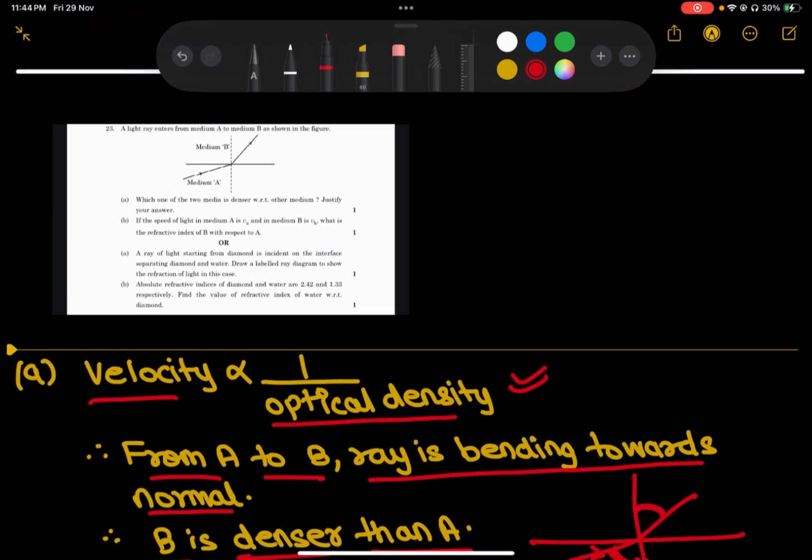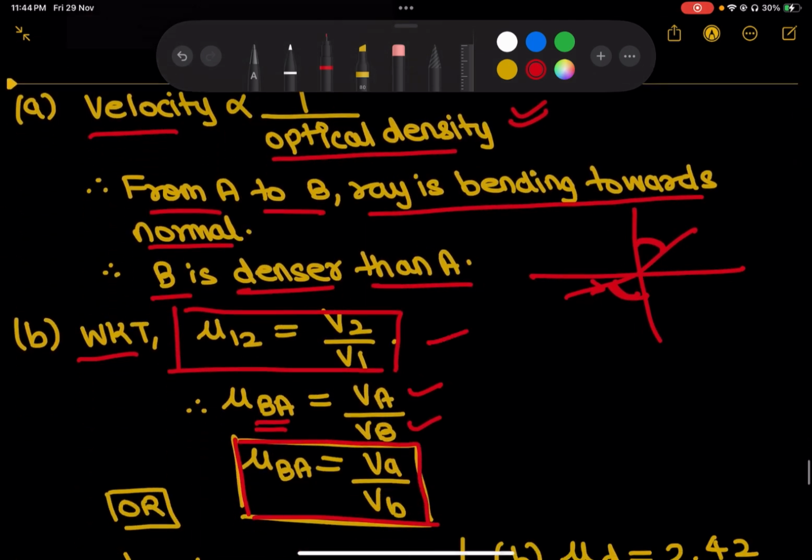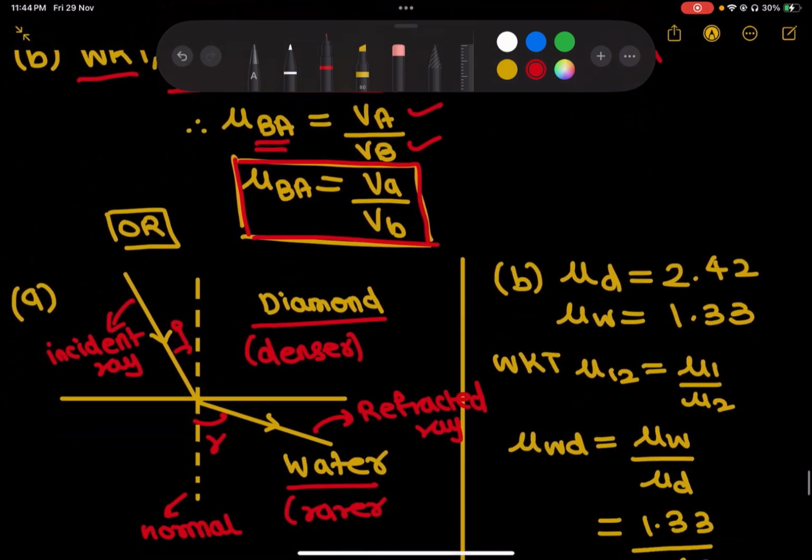Now B. Absolute refractive indices of diamond and water are 2.42 and 1.33 respectively. Find the value of the refractive index of water with respect to diamond. Again, the same formula will be used here. Firstly, given mu D is equal to 2.42, mu W is equal to 1.33, diamond and water.